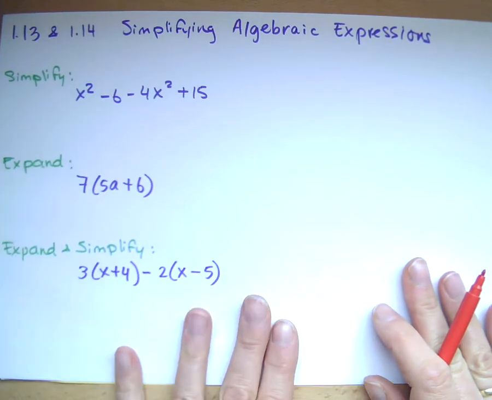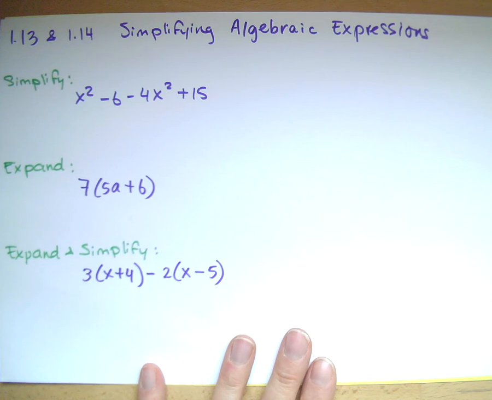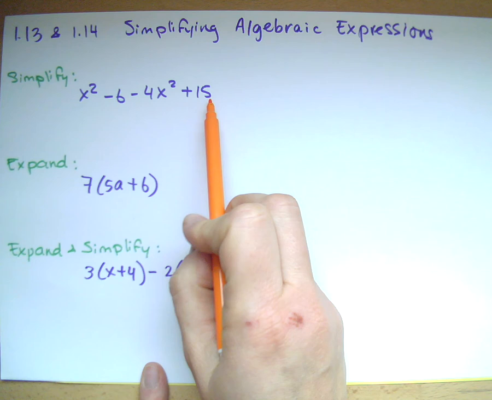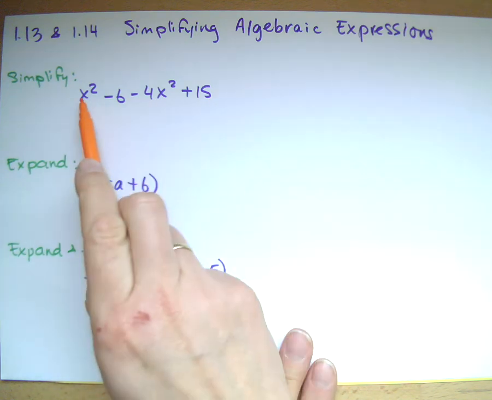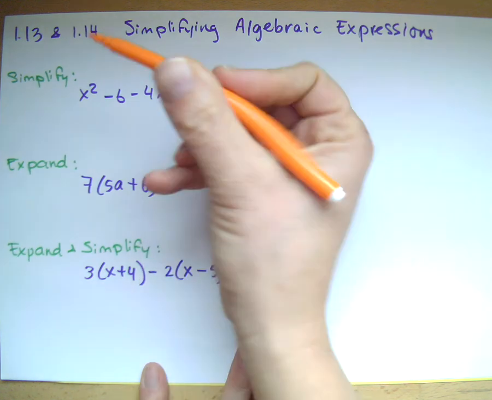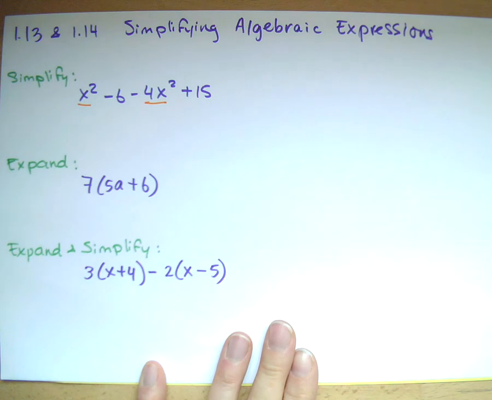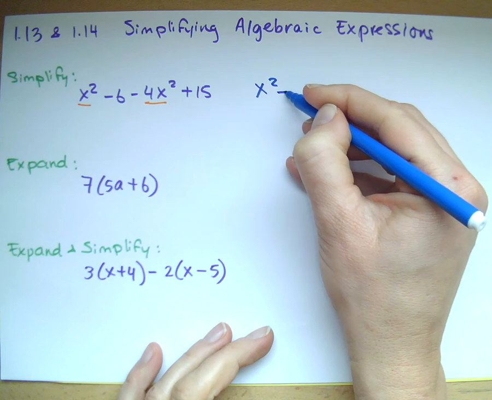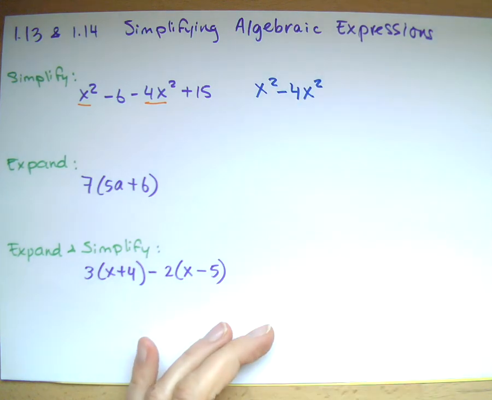Okay, simplifying onto something completely different. Simplifying algebraic expressions. At times you'll be asked to simplify expressions. We've got this here. Simplifying is something we do by collecting like terms. See how there's an x squared there and there's an x squared here. These are like terms, and we want to put them together. So x squared minus 4x squared, we've just put them together, right?